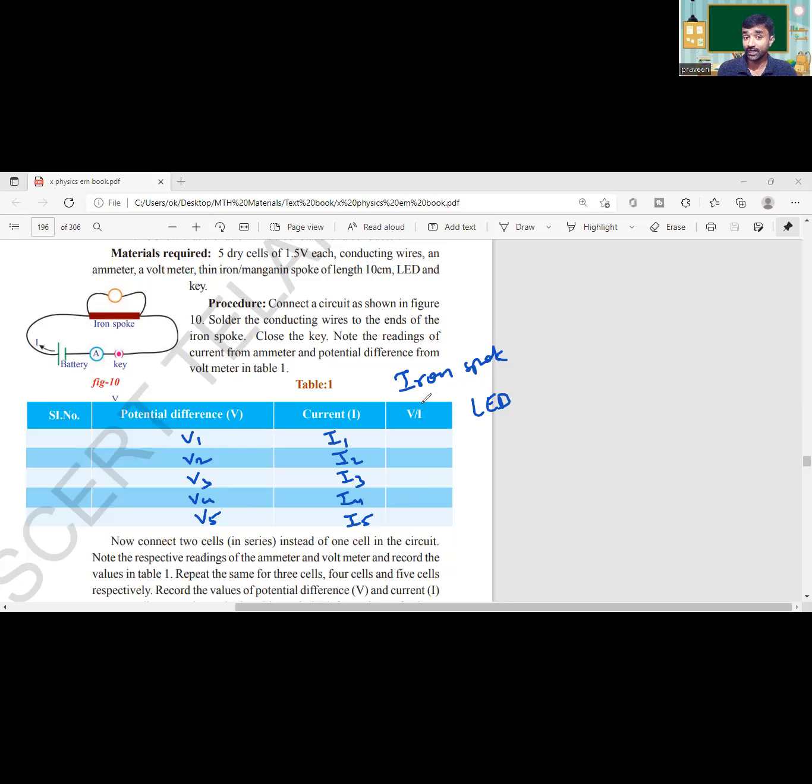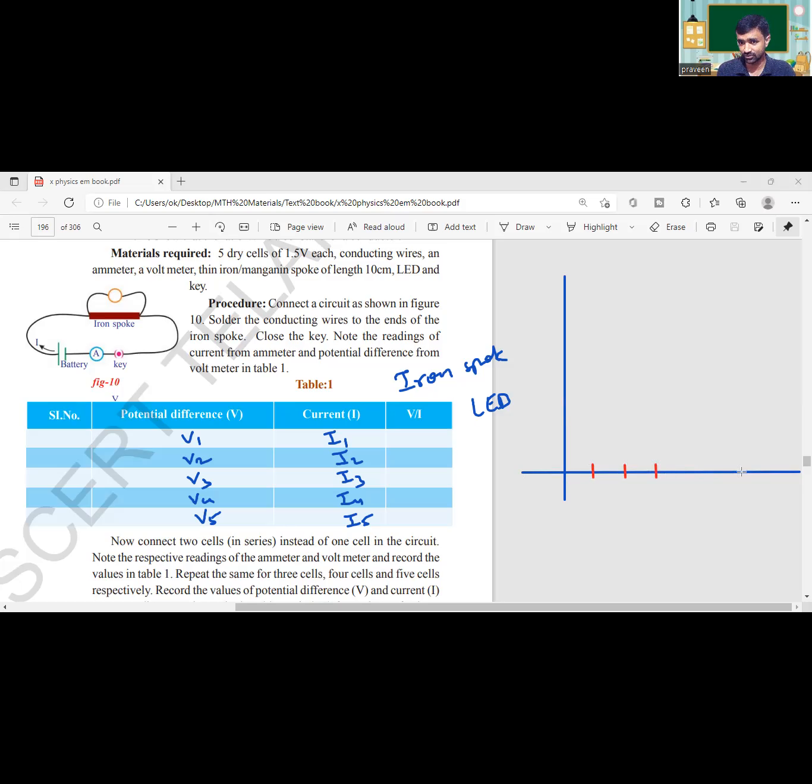So here you need to plot the graph, right, by taking those values on the axis X and on the axis Y.